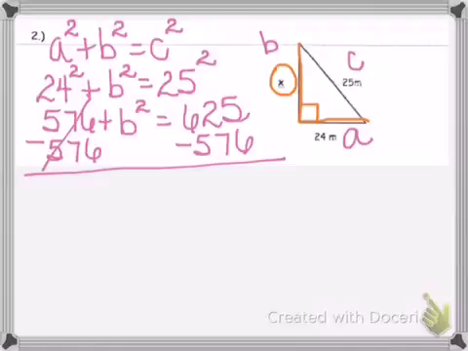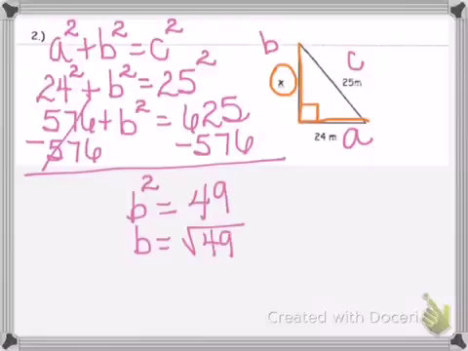These cancel out. I have b squared equal to 625 minus 576, which should give me 49. Now again, that's what b squared is. I don't want to know what b squared is. I want to know just the length of b. So to find that, I'm going to take the square root of 49. So that means that my missing leg of this right triangle is 7 meters long.